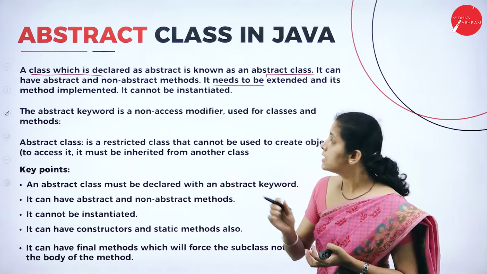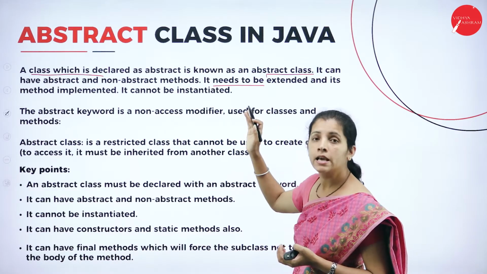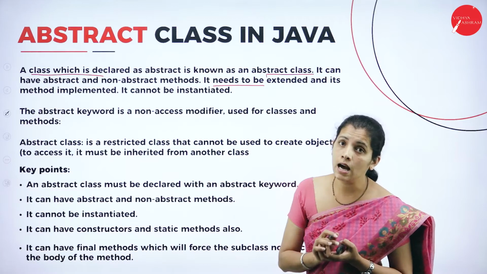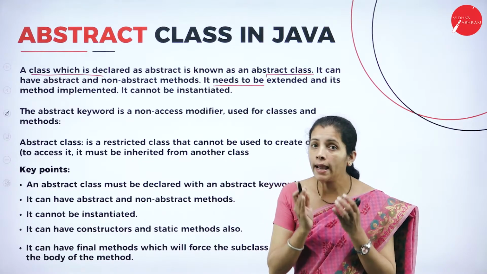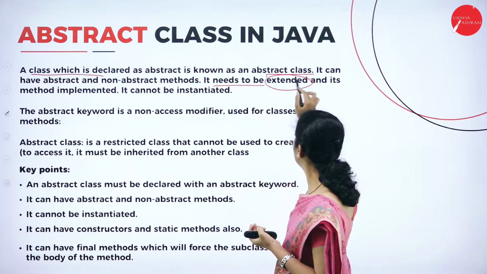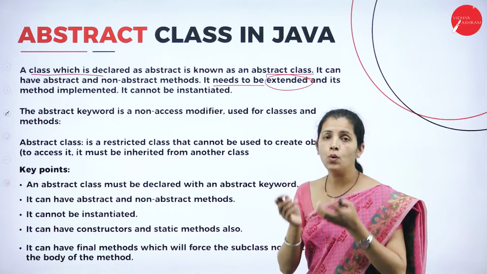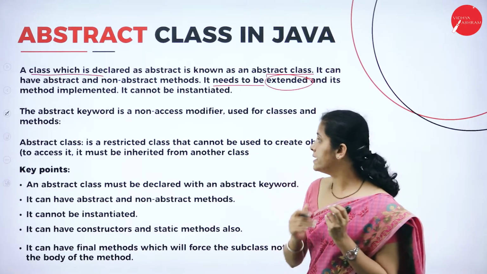That means, if I want to make use of an abstract class in my other class, at that time I want to inherit the class. When I inherit the class, I'm going to use extends. So when it is inheritance, please remember that it is extends.